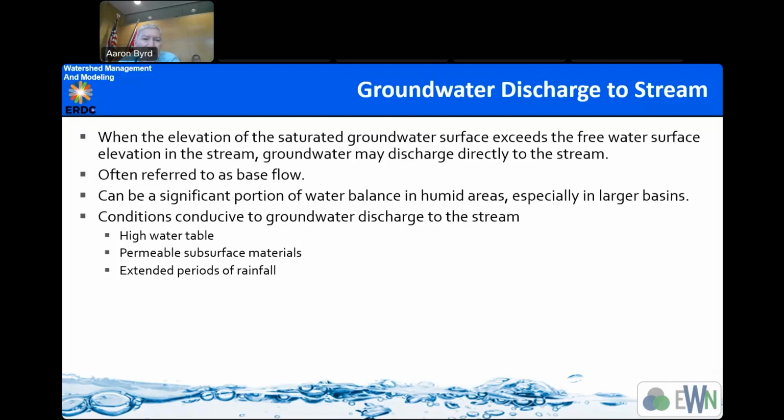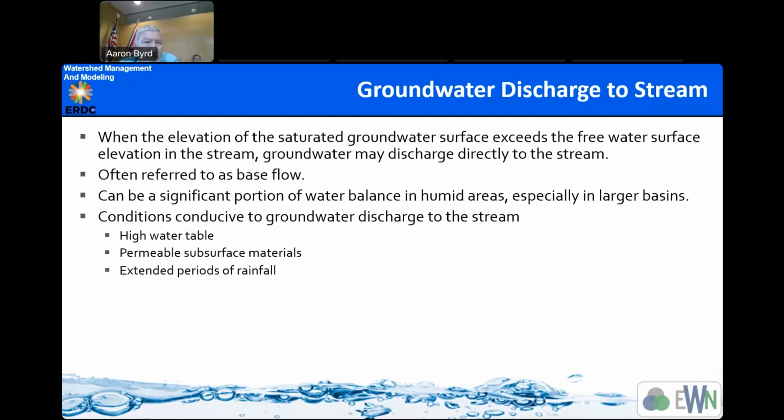It can be a significant portion of the water balance in humid areas, and especially in larger basins. Generally, as you go down a large watershed, like the Mississippi River, you get more and more base flow, and a bigger percentage of the flow is base flow.